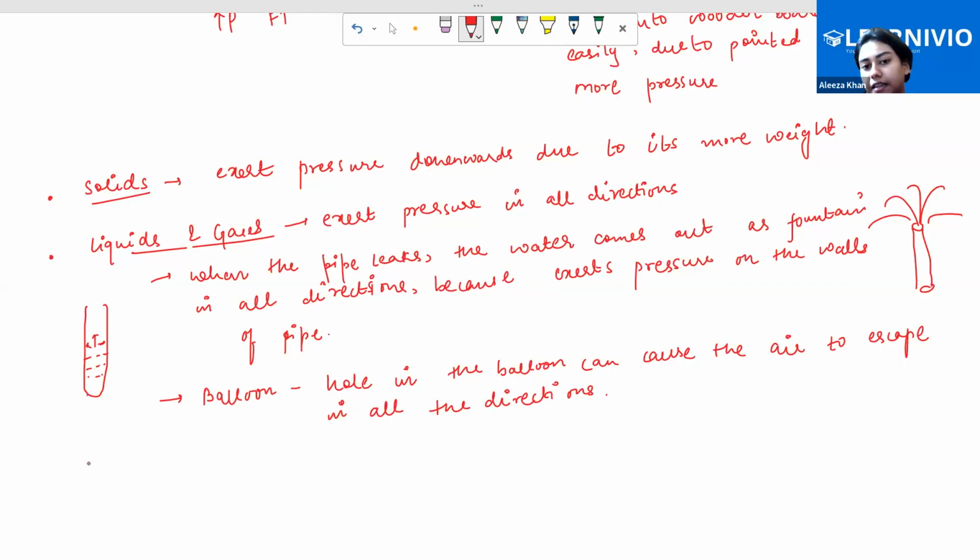Here, the gas and the liquid are exerting pressure on the walls of the container.